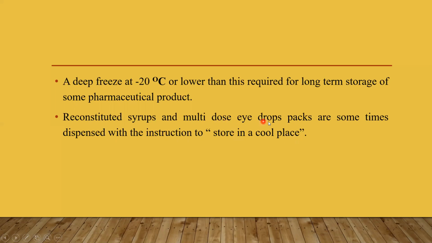Multi-dose eye drops means that after opening, a person uses the eye drops for a month, so there are multiple doses. Reconstituted syrup means the syrup is prepared at the time of use. This type of syrup carries an instruction on the label to store in a cool place. Why?